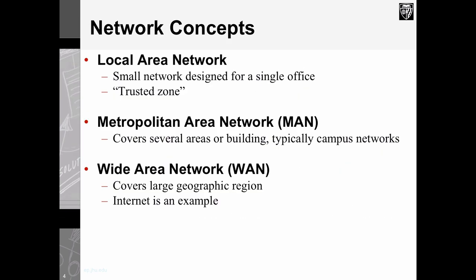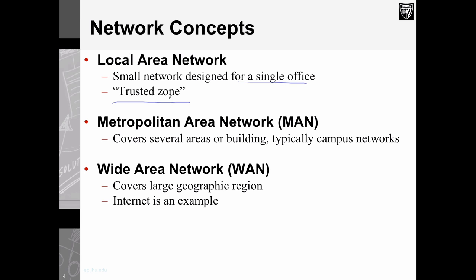Next we'll look at some of the different types of connecting these servers that we talked about in the previous slide. The first one is a local area network or LAN, which is typically designed for small applications, and all the nodes in this network are in a trusted zone. Like I said, it's typically for a small company, small enterprise, or even a home network is also a LAN.